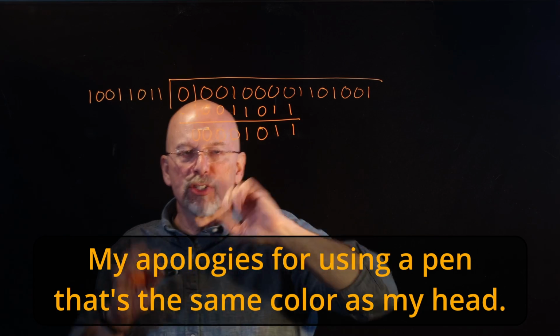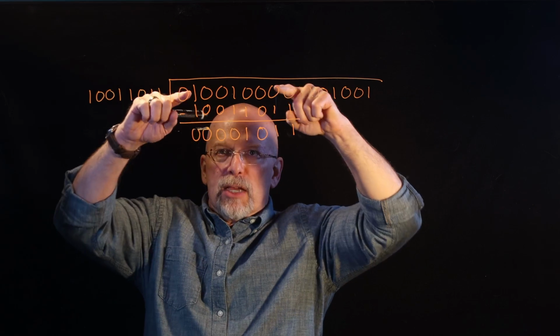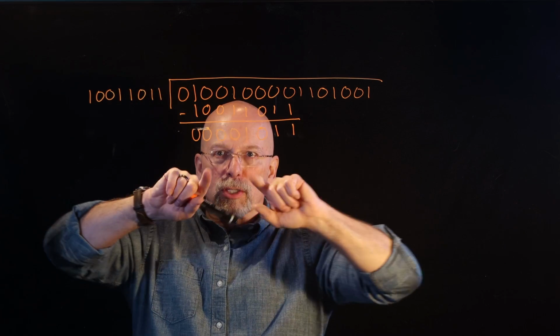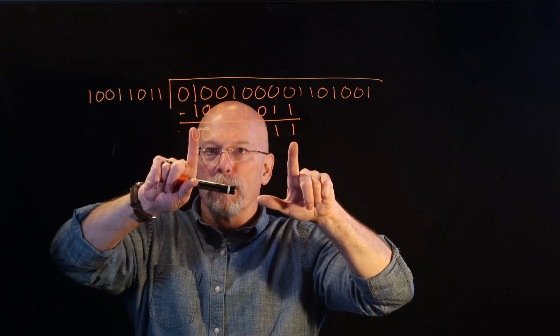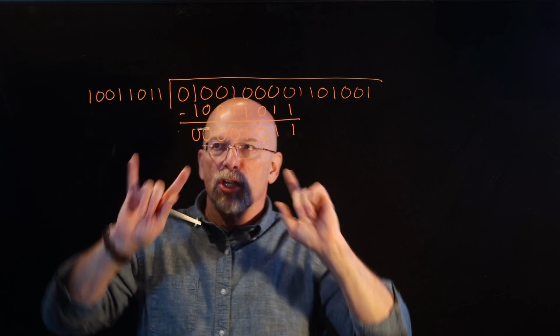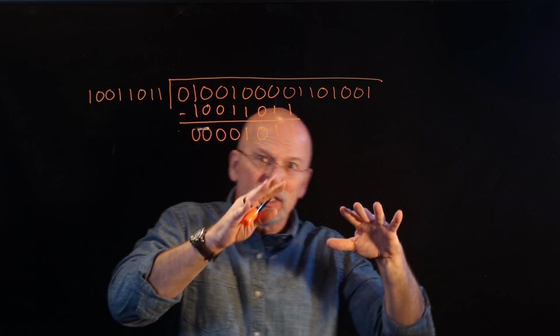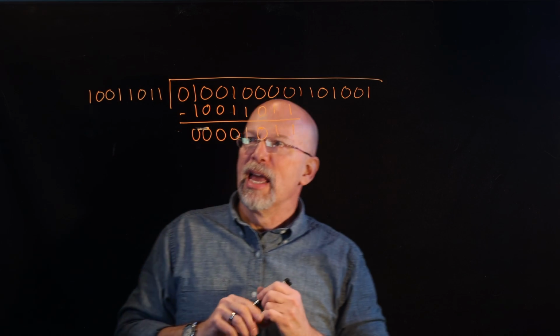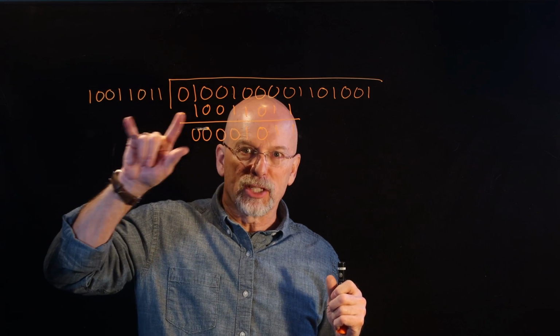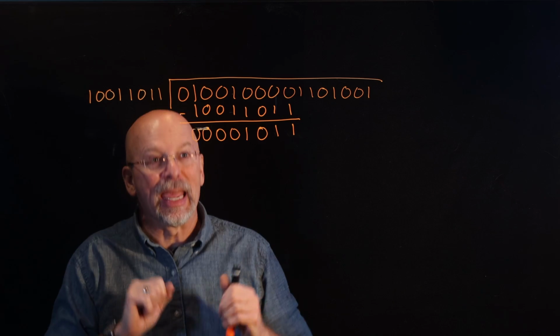This 0 means that the result of any borrowless subtraction is always going to have at least 1 fewer bits than the divisor. So after I do this long division, the remainder at the bottom is going to have 7 bits because my divisor has 8 bits.